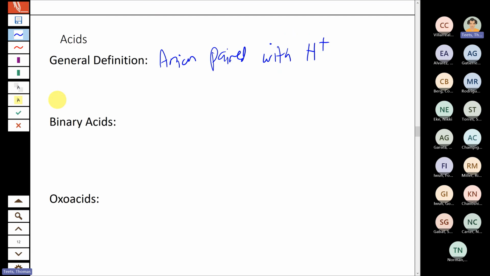But basically, we have two kinds of acids. So one is a binary acid. We've used the word binary a few times today, and that, as we said, just means two elements in the formula. So a binary acid is just H plus at the start with a monoatomic anion.